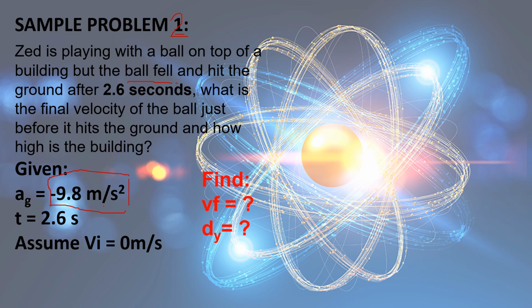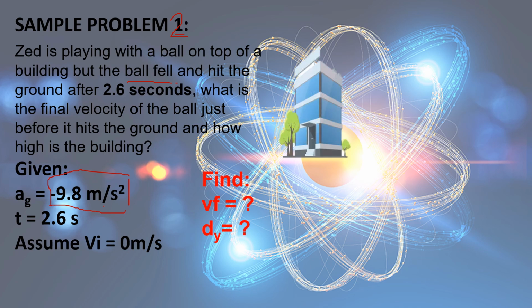So in our problem, we are going to find the final velocity, that's the VF, and dy, that is the vertical distance or the height of the building. So this is the illustration of our problem. We have there the building and a ball.